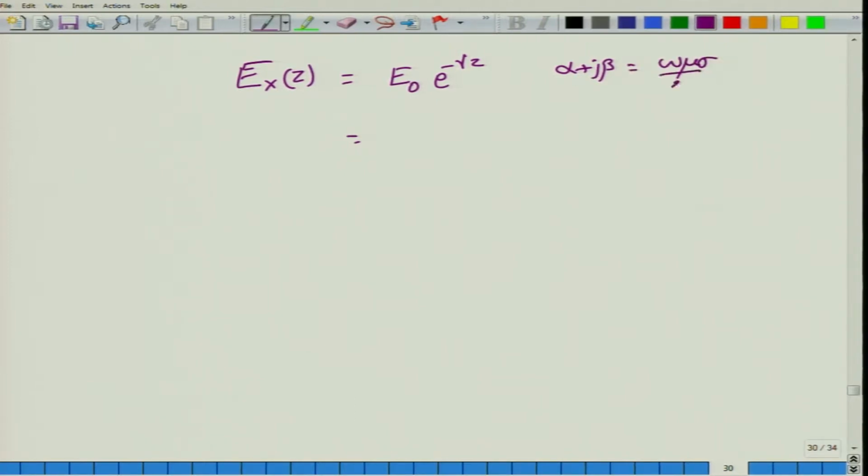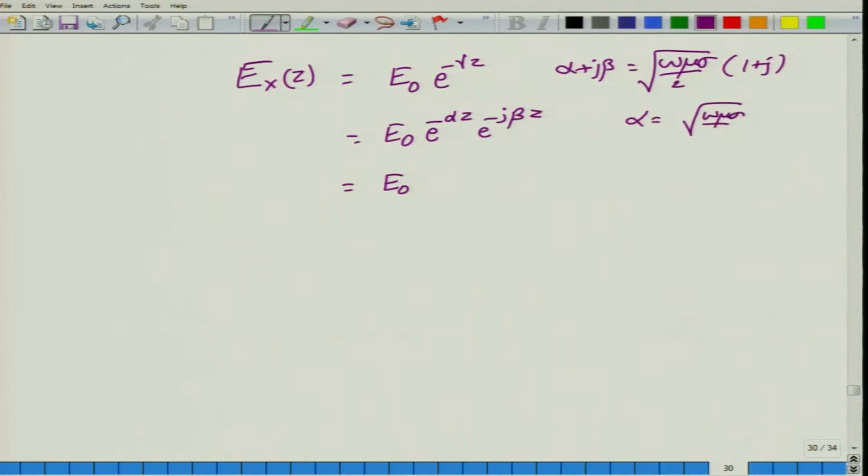Substituting for gamma as alpha plus j beta, and knowing that alpha is given by the square root of omega mu sigma by 2, I can write this as E0 e power minus alpha z e power minus j beta z. Now 1 by alpha, if we define it as delta, is given by the square root of 2 by omega mu sigma.